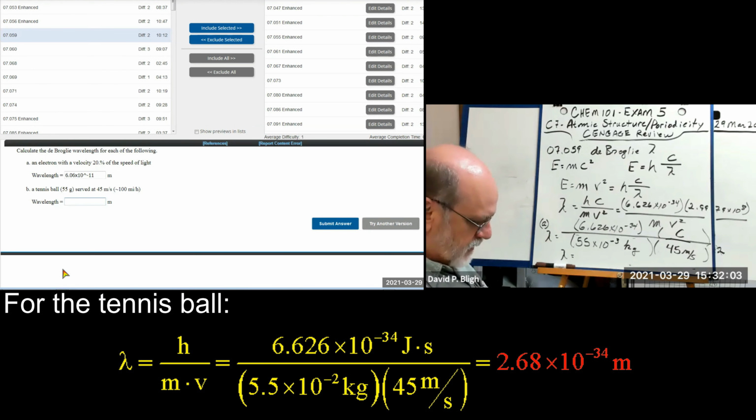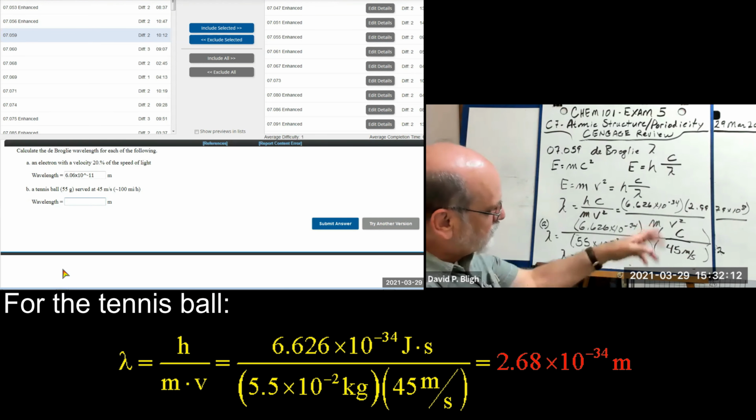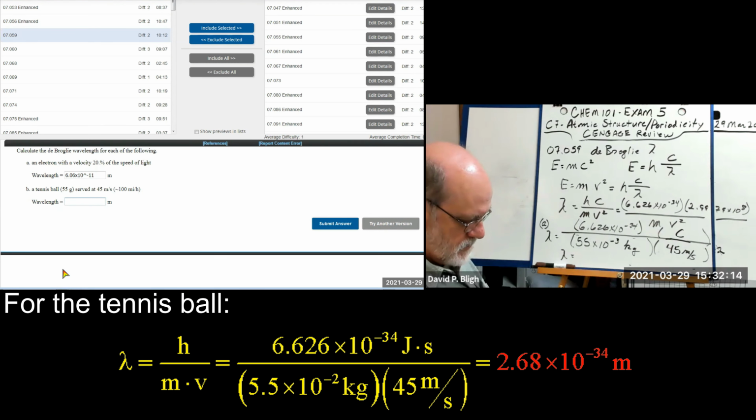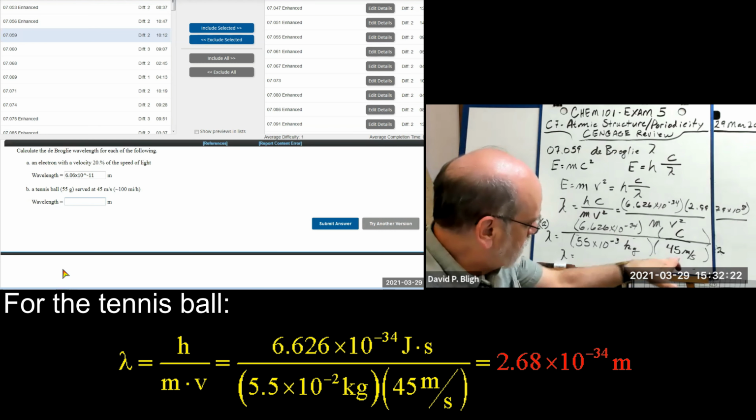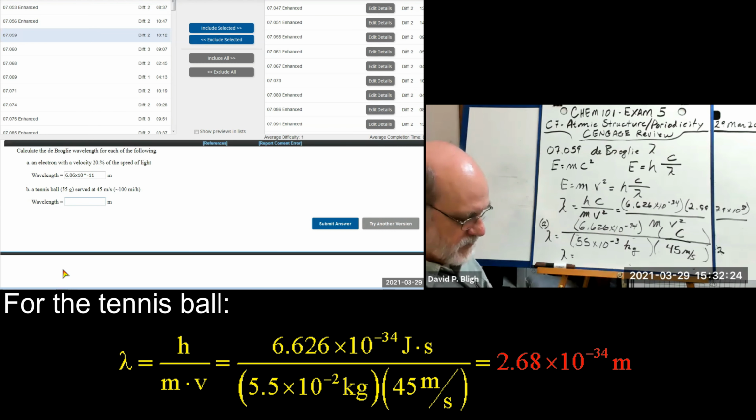So that's the solution for the next one. Let's put in Planck's constant again. 34 negative sign. There we go. Speed of light. Times that. And then let's square 45. And divide that into it. And then divide by this one. 55 exponent 3 change sign.